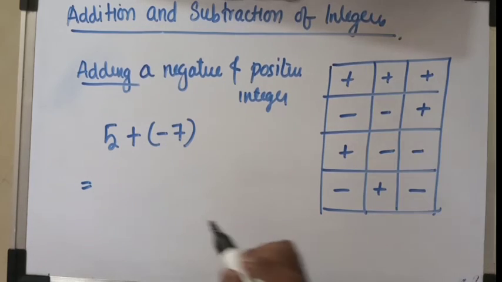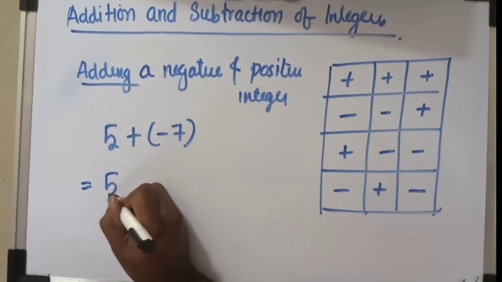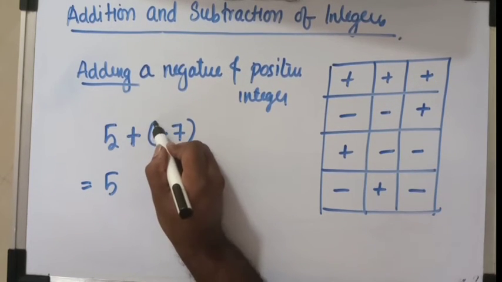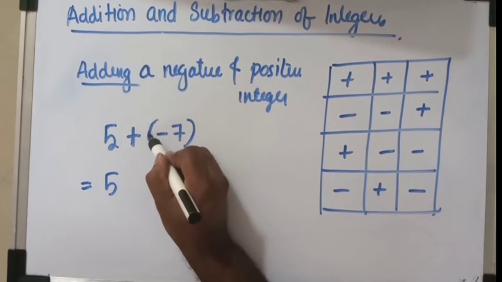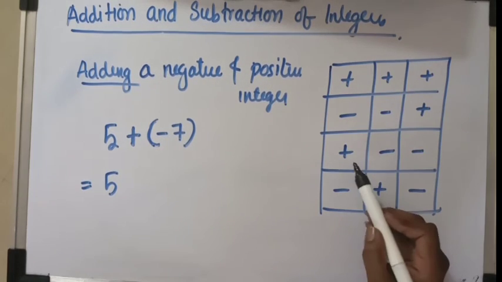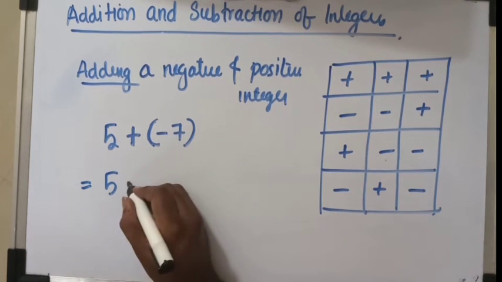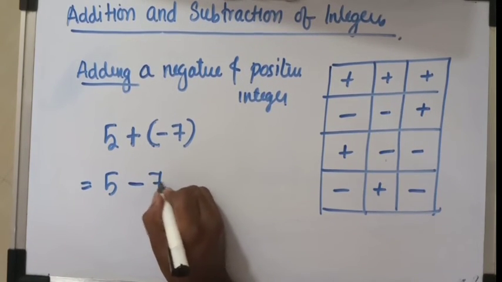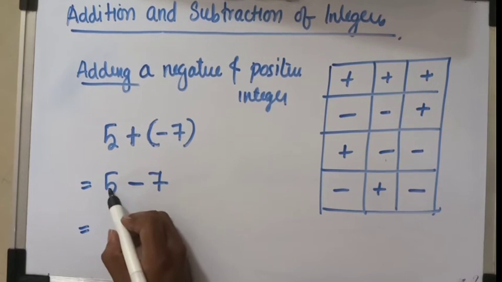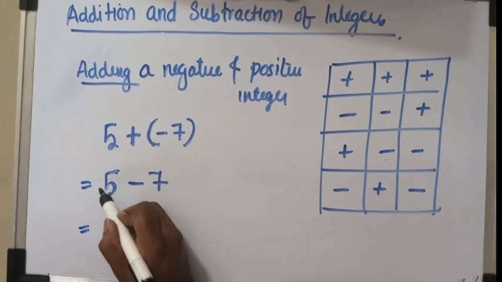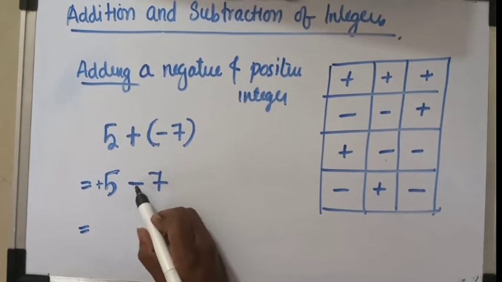So first I'll open the bracket: 5 plus, this bracket indicates multiplication. See here, what is plus minus? It is minus, right? So plus into minus will give you minus. So it's minus 7.